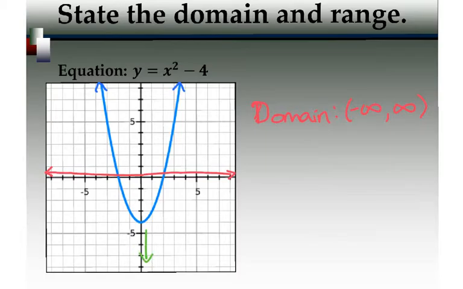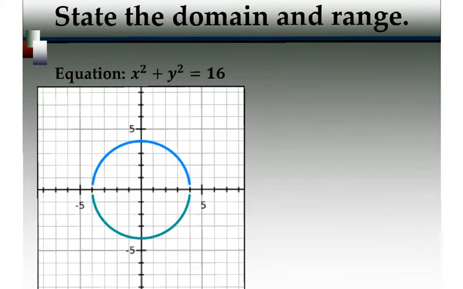There is nothing here. So where your graph begins is at this vertex, and then it goes up. So where your range begins is at that y value where the vertex is. So it begins at -4 and then goes up on, so we state that as infinity. And there you go, domain and range for this function.